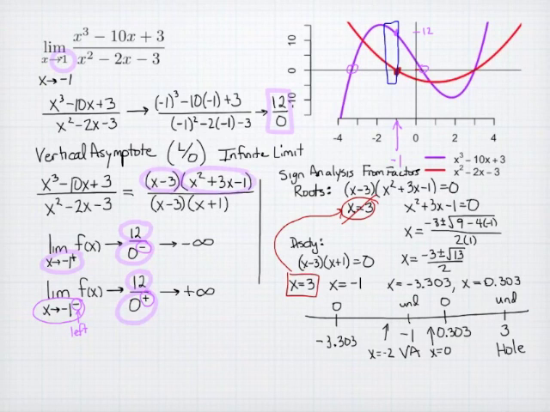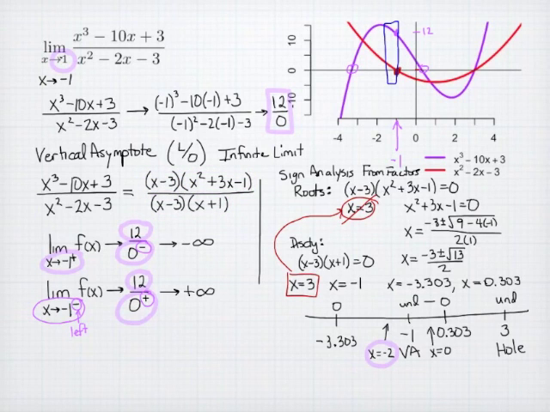X squared plus 3x minus 1 at x equals 0 is negative. And so on the top, I get a positive number. The denominator, I have another negative number times a positive number. So on the bottom, I have a negative number. And so when x equals 0, on the top I had a positive number, on the bottom I had a negative number, so my overall sign is negative.